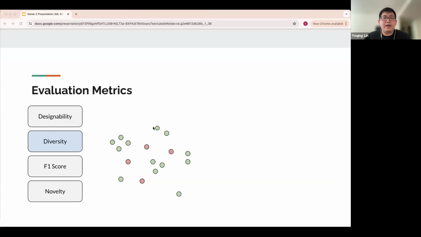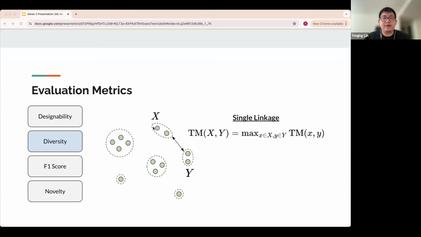To start with, we have a set of generated structures. We first filter by designability and filter out those that are not designable, which are the red dots. We then perform hierarchical clustering on these structures. The distance between clusters is measured using a single linkage method, so the TM score between clusters is measured by the maximum TM score between any pair of samples between these two clusters.